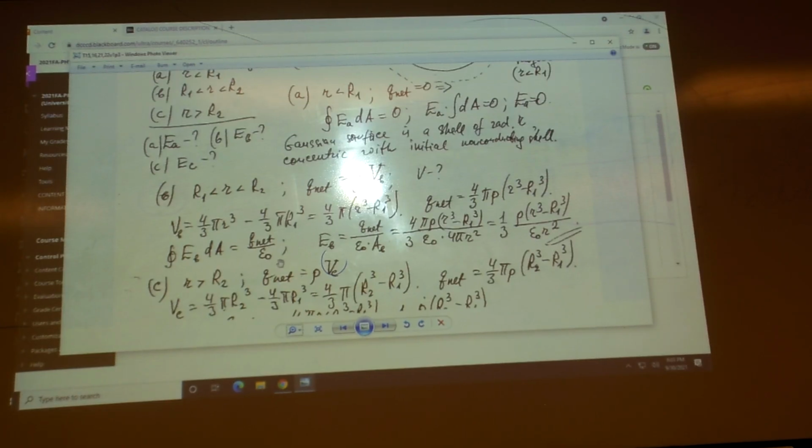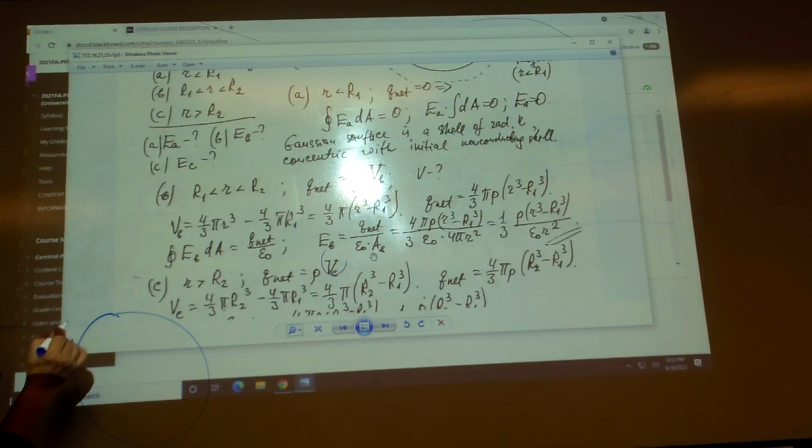So on the right side, Q net over epsilon 0, and we divide over area of that particular Gaussian surface, which is denoted here AB. So AB is nothing else but the area, the integral of dA, with area corresponding to that particular radius.